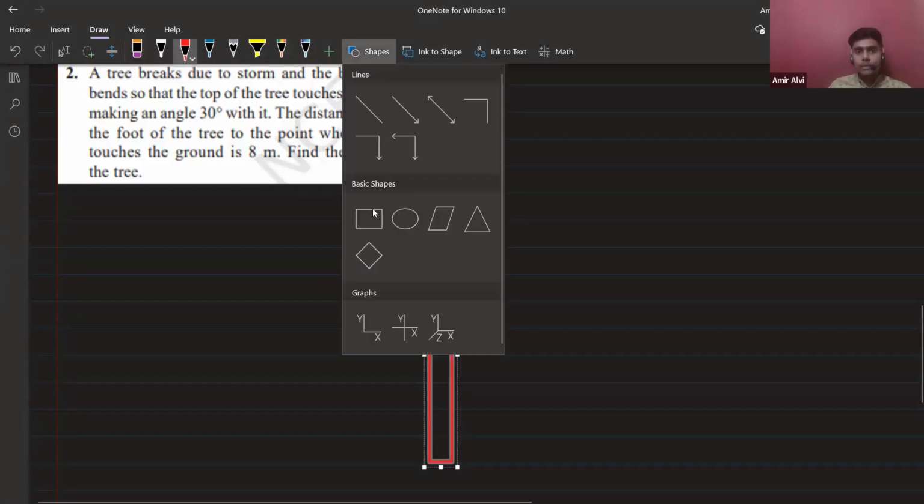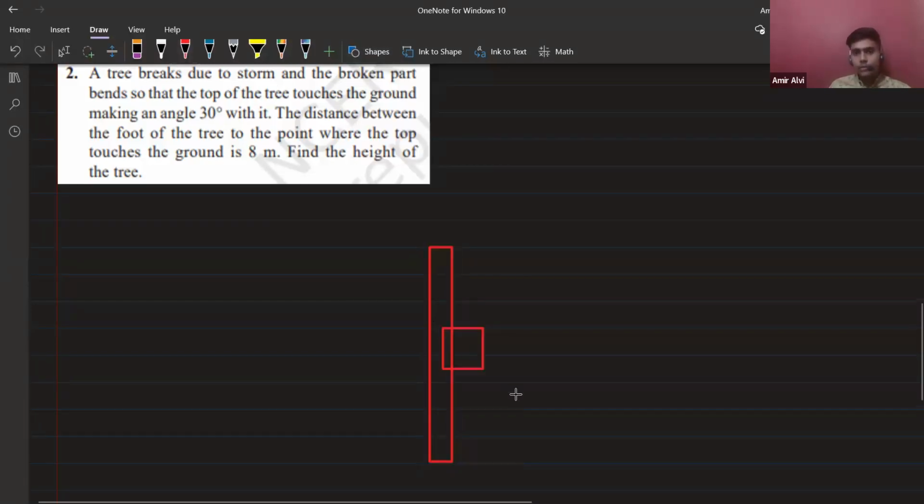If the tree is broken from this side, it will be like this. Suppose this part has been broken and bent towards the ground, making a 30 degree angle. Clear, everybody?